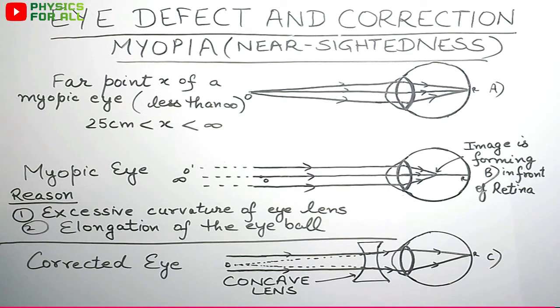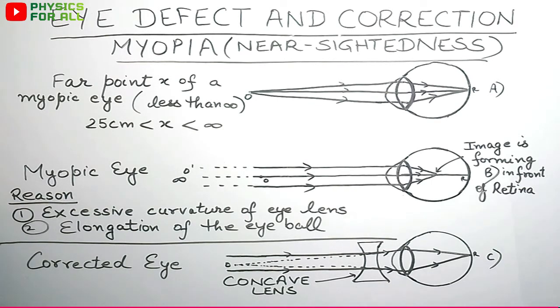So they know u, and they also know v, because they will give you different lenses to see the letters written on the wall. So whenever you get a proper image of that letter, they just measure those distances, and using those measurements they find the exact value of the focal length and as well the power of the lens. So then they prescribe you a concave lens of a particular power.